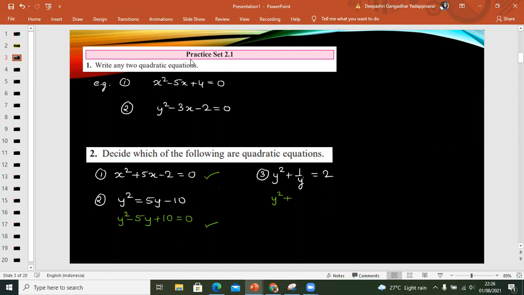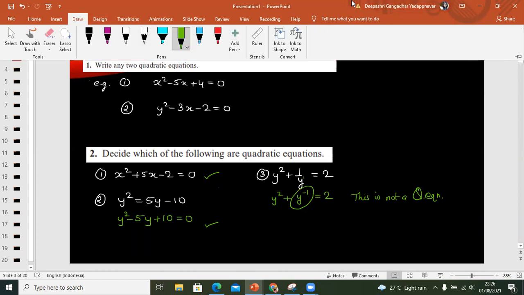If you want to bring this y power 1 in the numerator, it will become y power negative 1. The sign will change, equals 2. We never write power in a negative form in a quadratic equation. So this is not a quadratic equation.